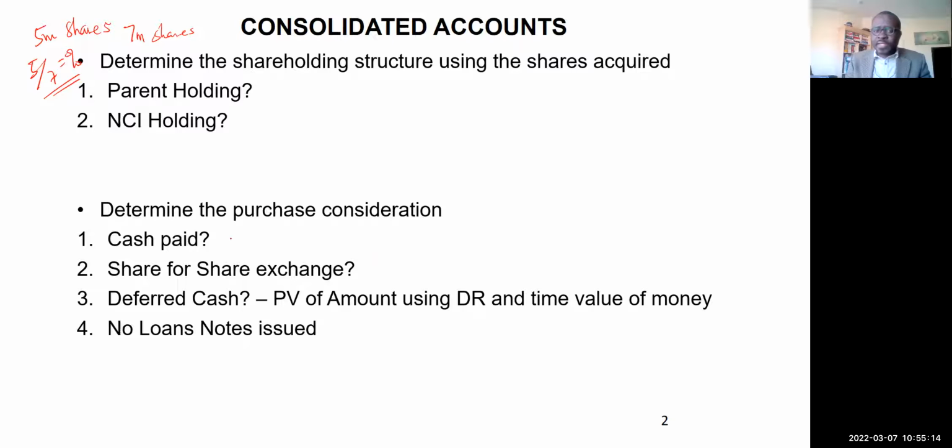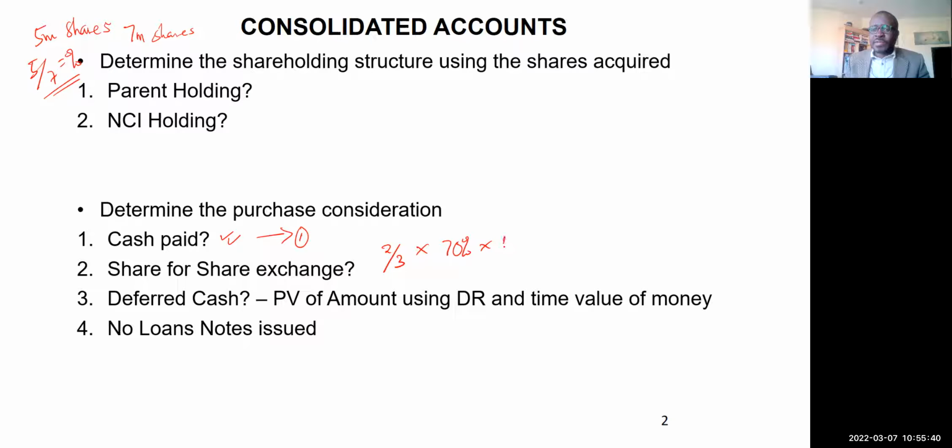Look at the question: did we specify cash payment? Then that is straightforward, you pick it as the first item. If there is a share for share exchange, then you have to calculate, maybe 2 for 3 shares, and multiply it by the percentage holding, if it was 70%, times the total shareholding that they acquired.